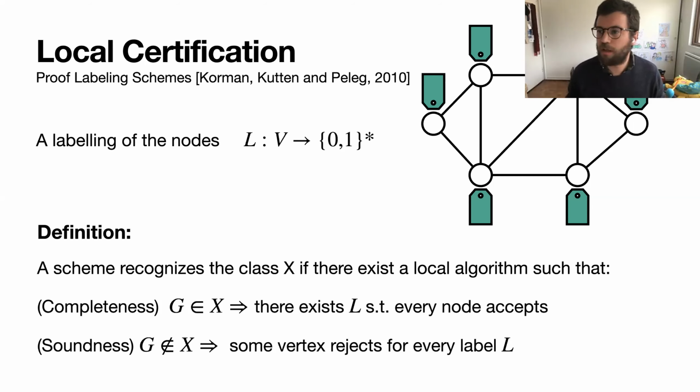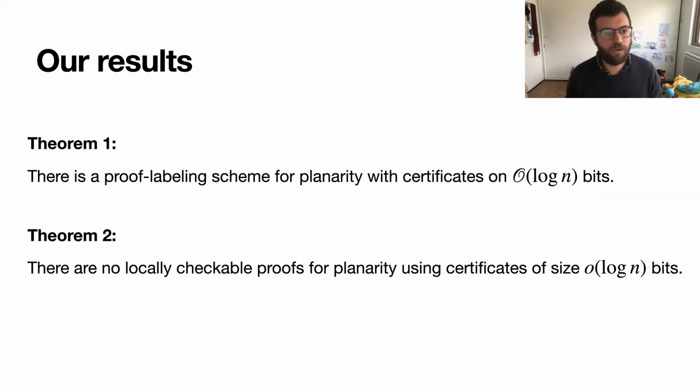The guarantees must be completeness and soundness. This means that if the graph is in the class, then there must exist a labeling of the graph where every node accepts, and if the graph is not in the class, then for every labeling at least one node has to reject.